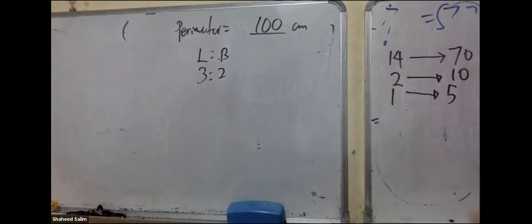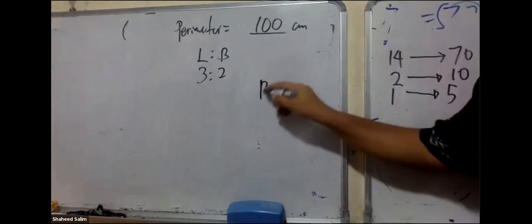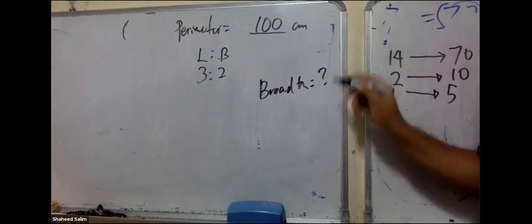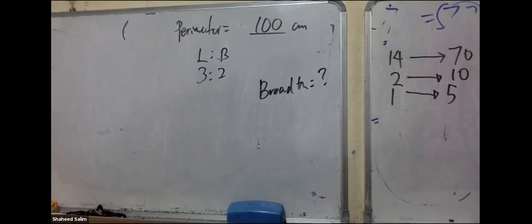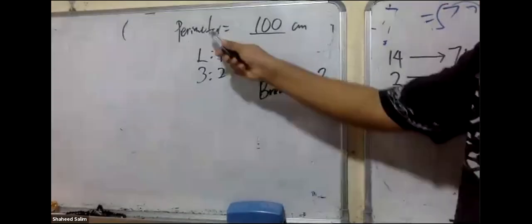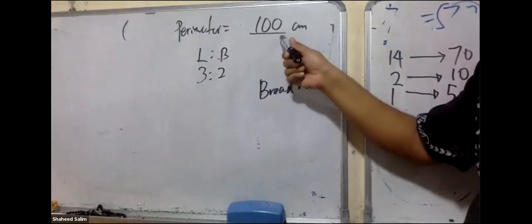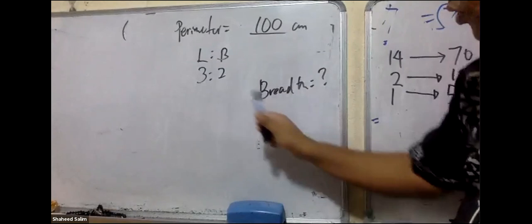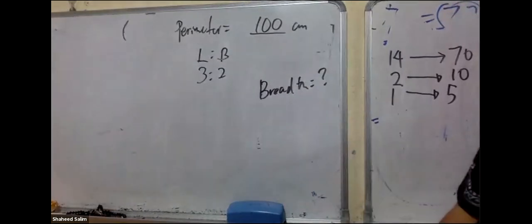What is the breadth? I repeat the question. The perimeter of the rectangle is 100 cm. The ratio of the length to the breadth is 3 is to 2. What is the breadth?